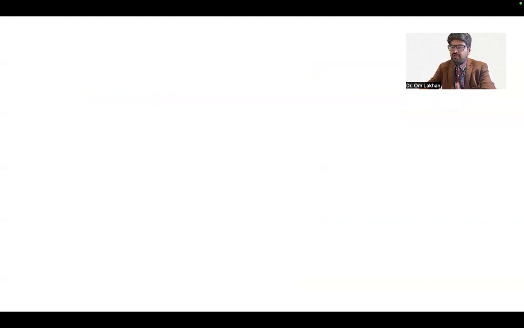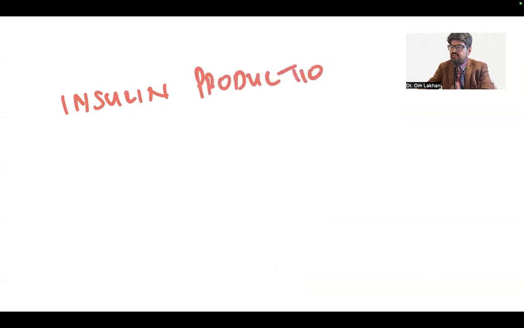Right? So you have the insulin production by the beta cells of pancreas. On the other hand, you have insulin resistance.